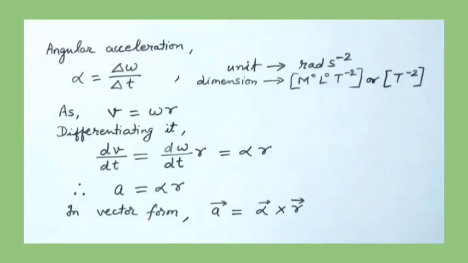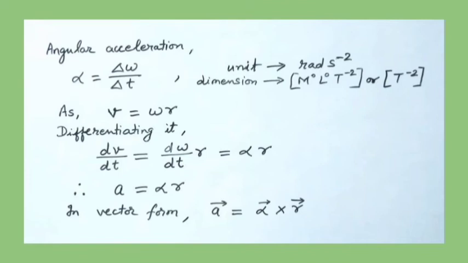Similarly, we can establish relation between linear acceleration and angular acceleration. Angular acceleration of an object having circular motion is the time rate of change of its angular velocity. It is denoted by alpha. Let delta omega be the change in angular velocity of an object moving on circular path in time interval t and t plus delta t.